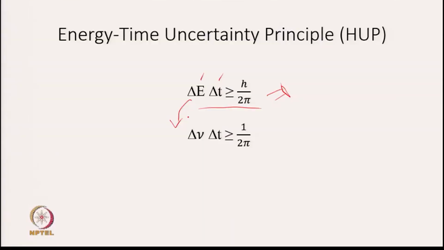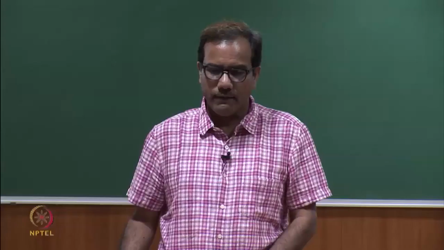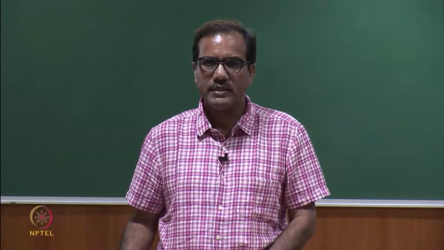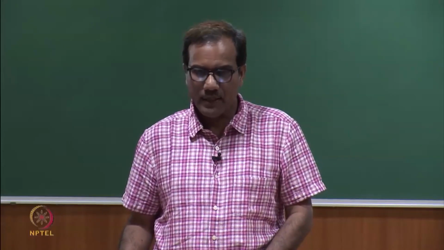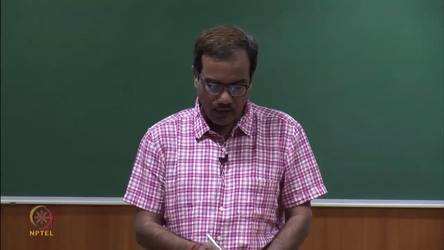You can convert delta E to delta nu, and delta nu is again related to delta T. Delta T is what is known as lifetime. So, if lifetime is higher, it means delta nu or delta E will be higher, and it means the peak will be more broadened.